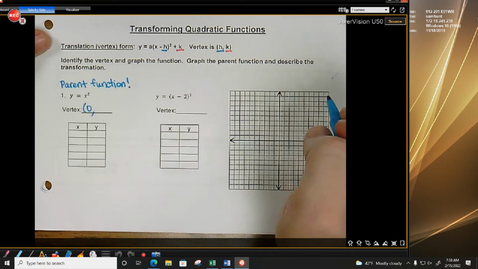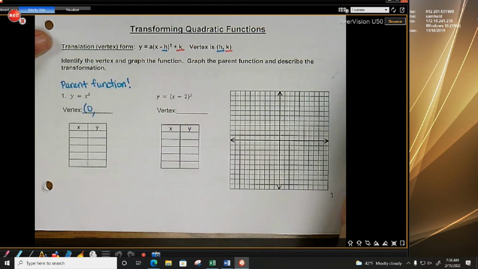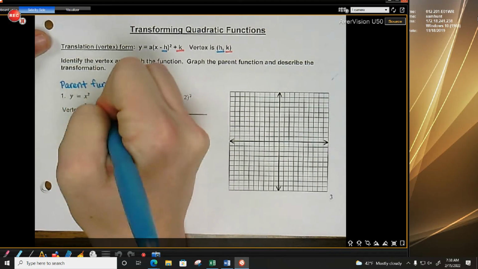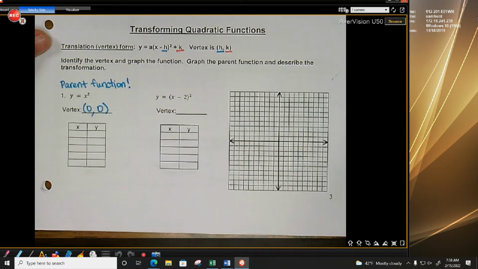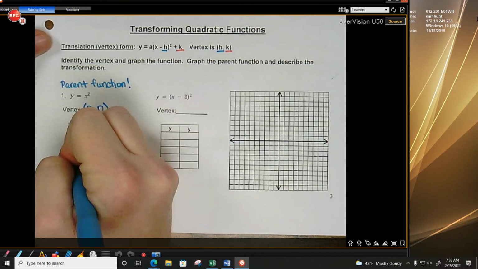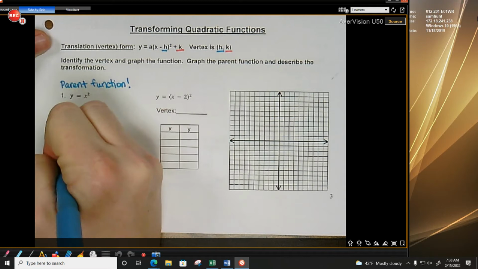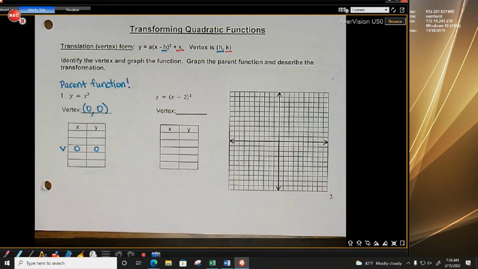Nothing. There's nothing out to the side. 0. So my vertex for my parent function is 0, 0. Whenever we draw our tables, the vertex always goes in the middle of the table. The vertex always goes in the middle of your parabola when you graph it.